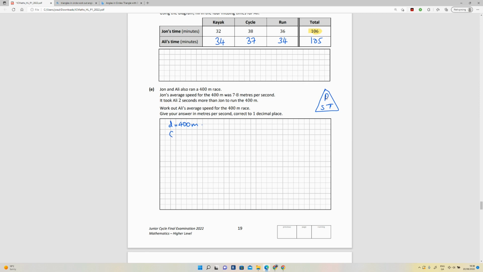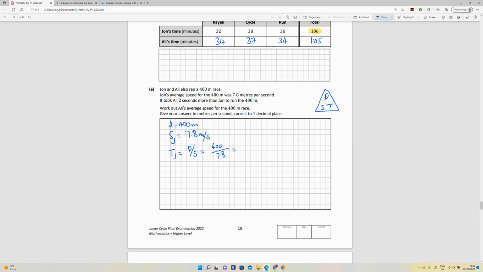For John, the speed of John was 7.8 meters per second. So I can work out how long it took John. So the time for John is the distance all over the speed, which is 400 divided by 7.8.